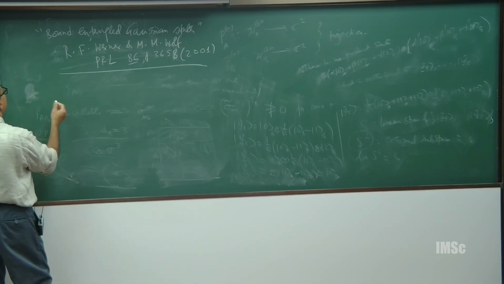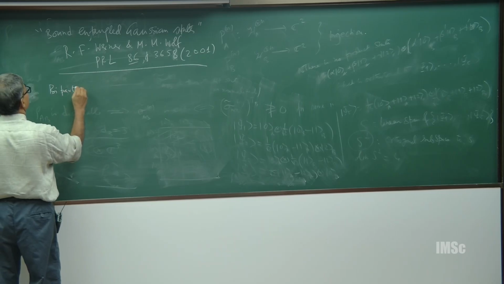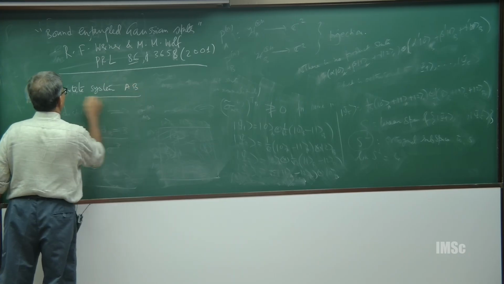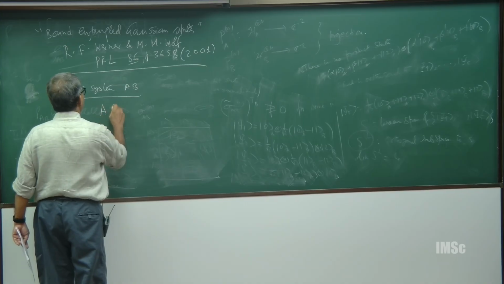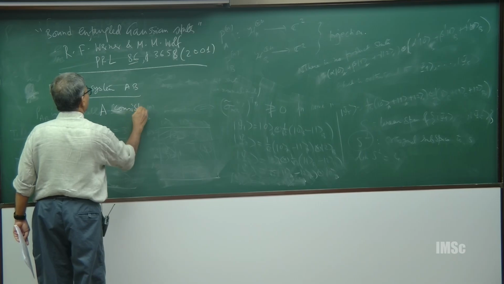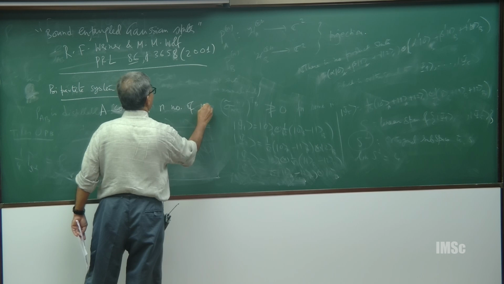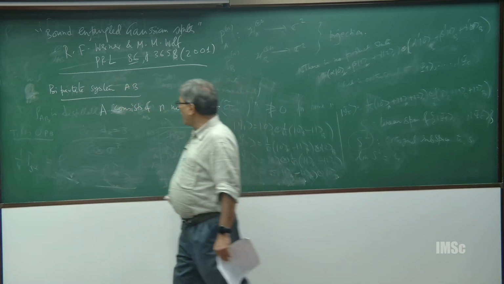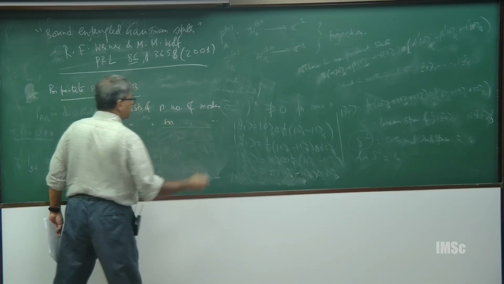I am taking a bipartite system AB, where A consists of n number of modes, meaning quantized harmonic oscillators, and B consists of m number of modes.